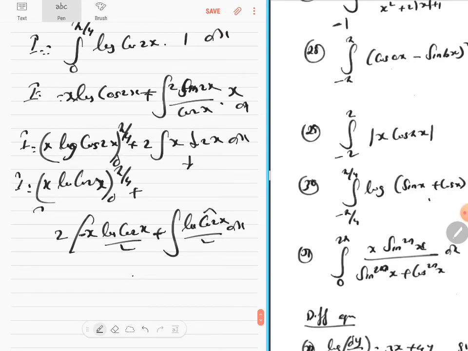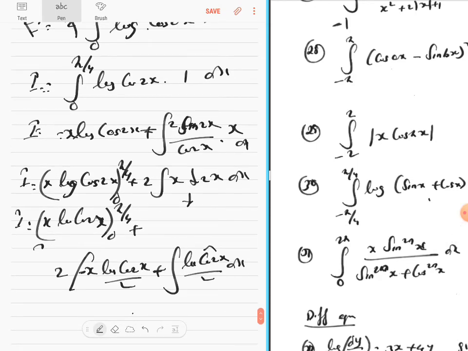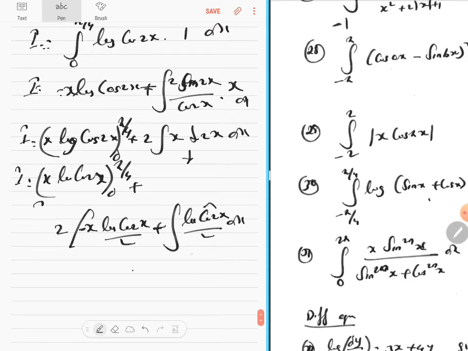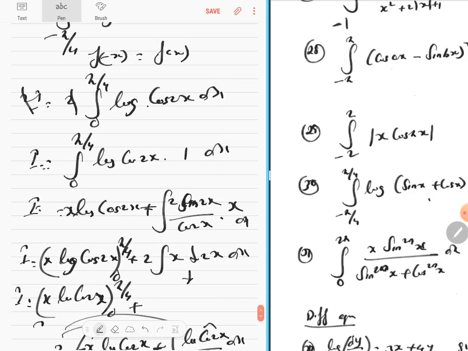So can you see that when I take the 2 inside, I am allowed to take the 2 inside, it will become minus 2, and 2 get cancelled, minus x log cos 2x. And take the 2 inside, it will become integration of 2x log cos 2x into dx. It cannot be with a positive sign. There's something seriously wrong with the question.